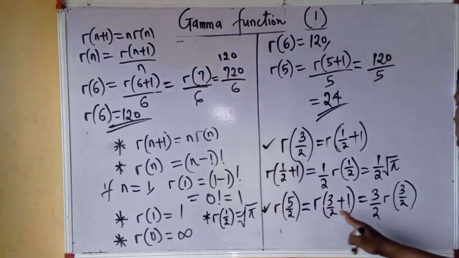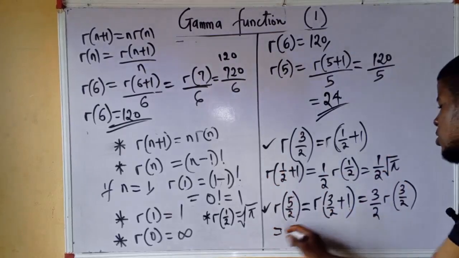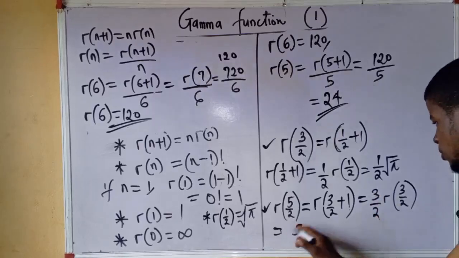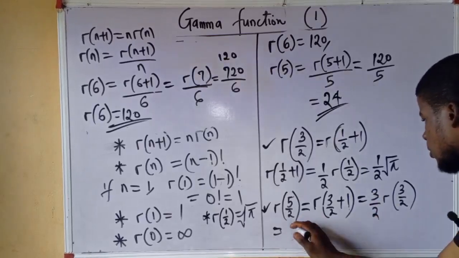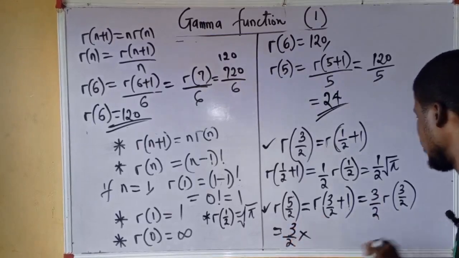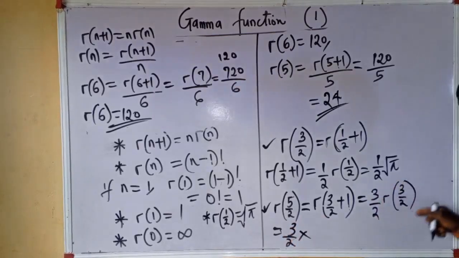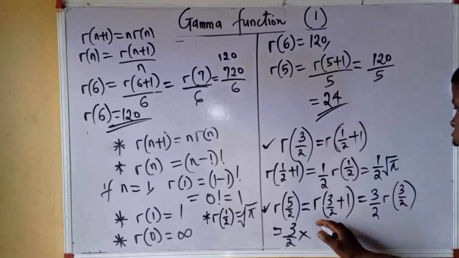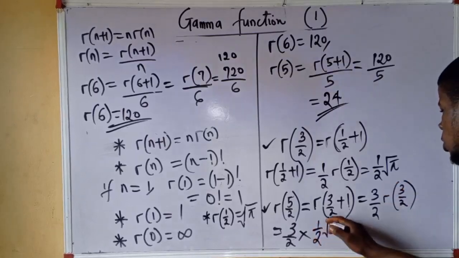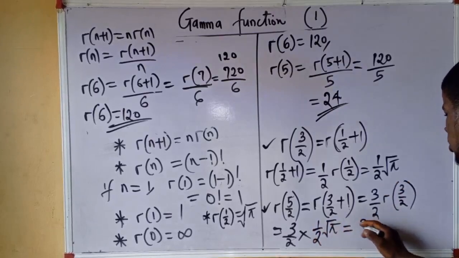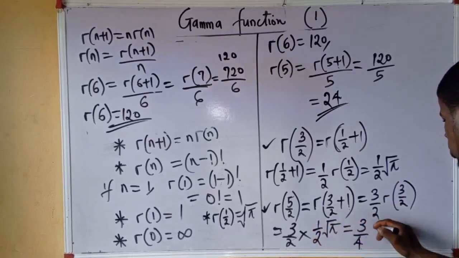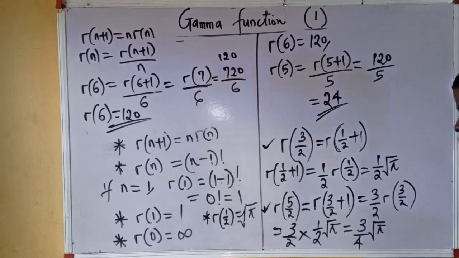So gamma of 5 over 2 is 3 over 2 times 1 over 2 root pi. Everything here is 1 over 2 into the square root of pi, and that will be 3 over 4 into the square root of pi. So this is the value of gamma of 5 over 2.